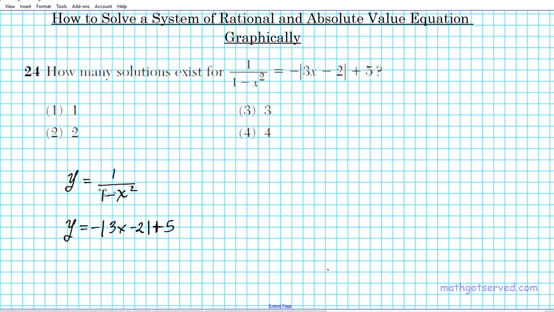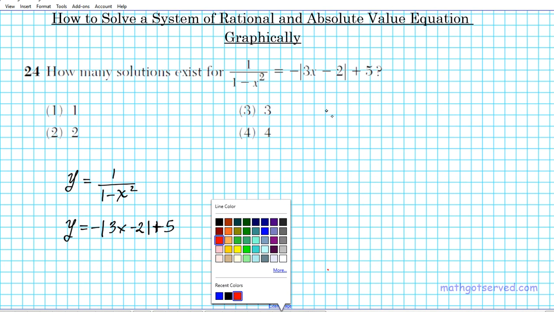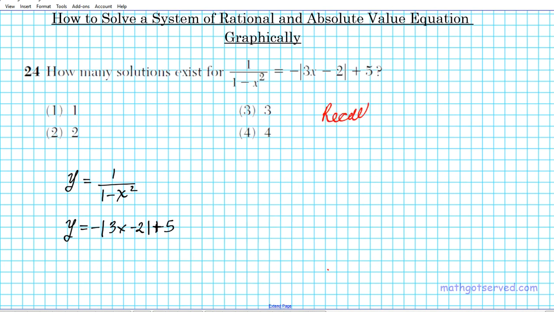Now, if you have a system of equations like this and you want to solve it graphically, there is something that you have to remember. Recall the following concerning the graphical solutions to a system.